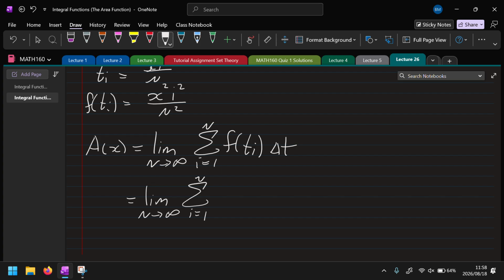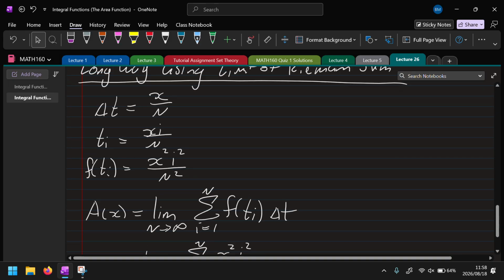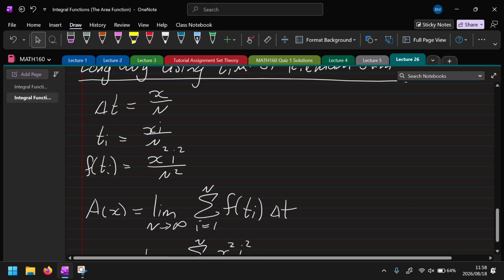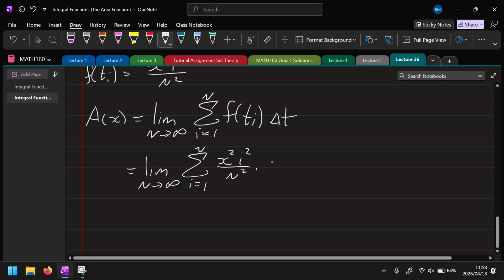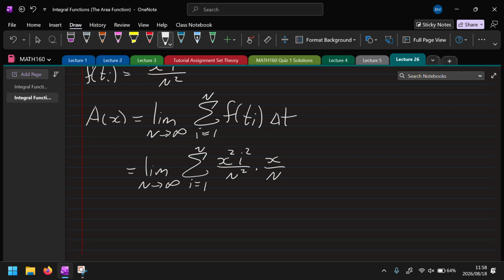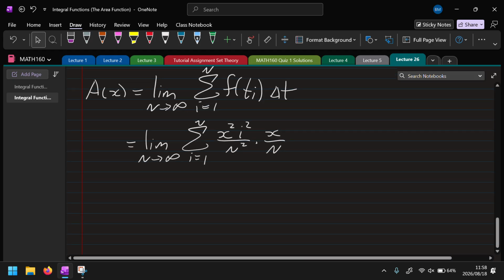F, we have that over there, so x squared i squared over n squared. And then the delta t, we have that up there, x over n. Okay, so x squared and x, that will become x cubed. That has nothing to do with i or n, so we can take it out to the front.